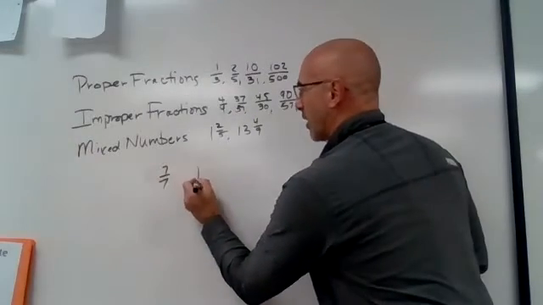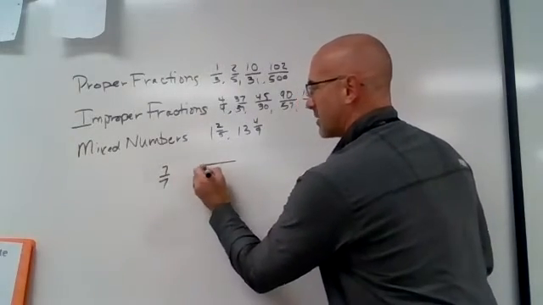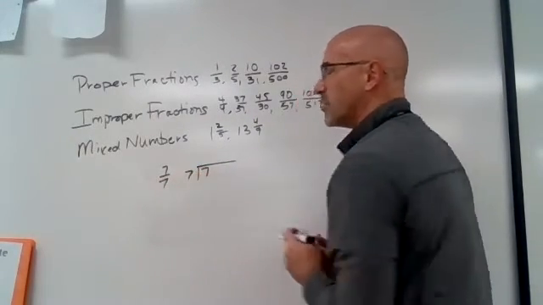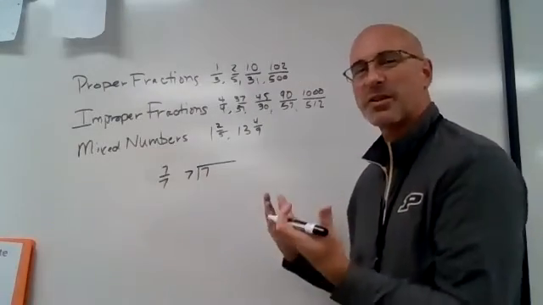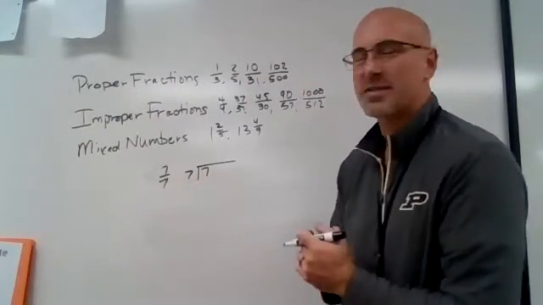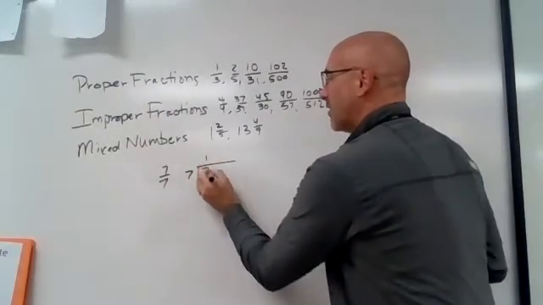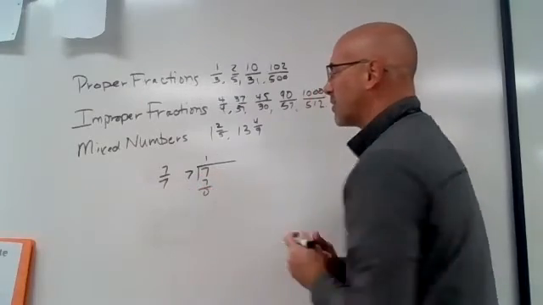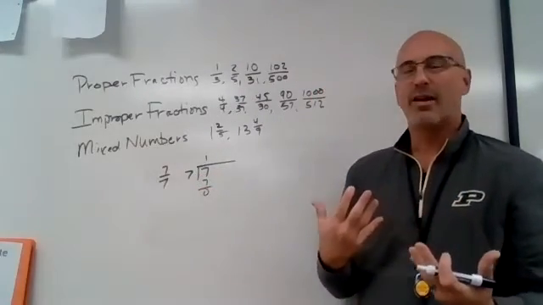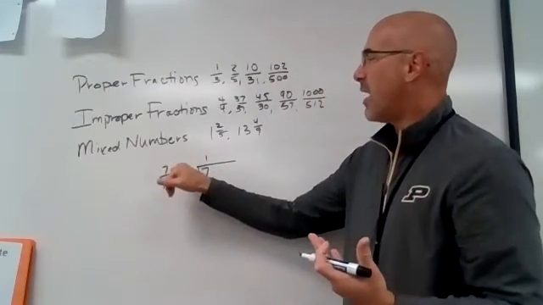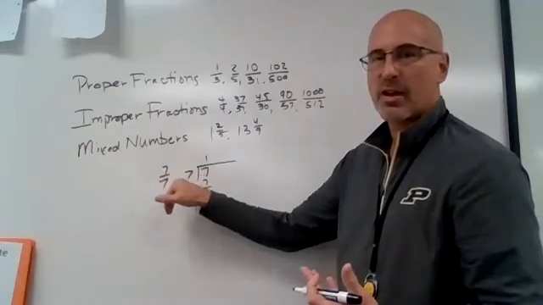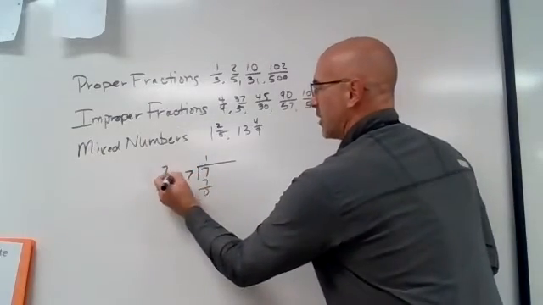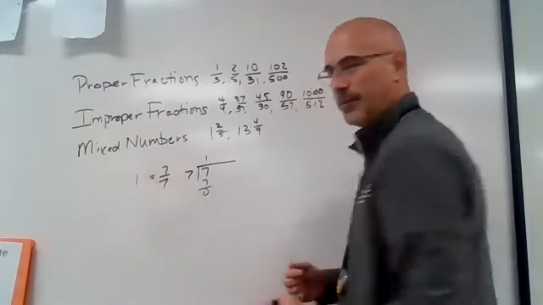The numerator always goes inside the box and the denominator goes outside the box. So here's the question. How many times does 7 go into 7? That is one time. And when we multiply and subtract, we're done.